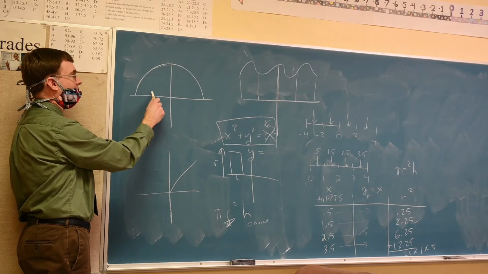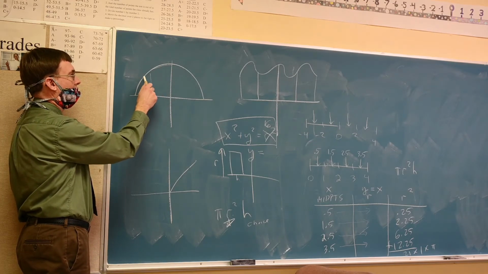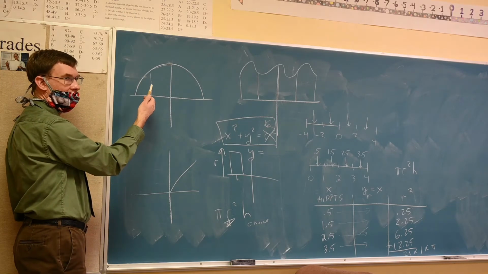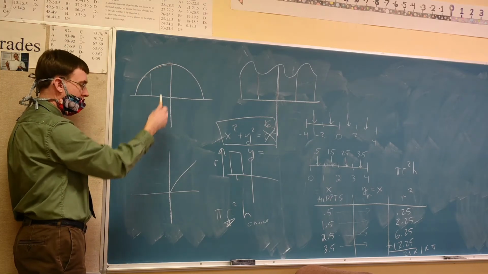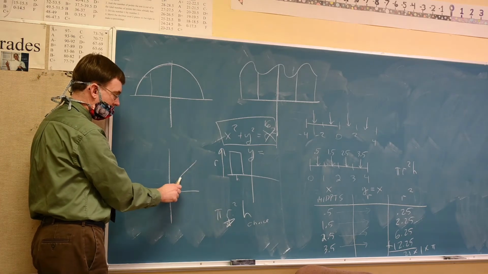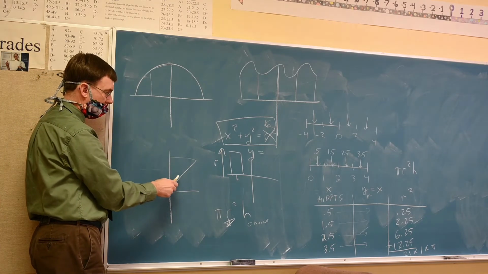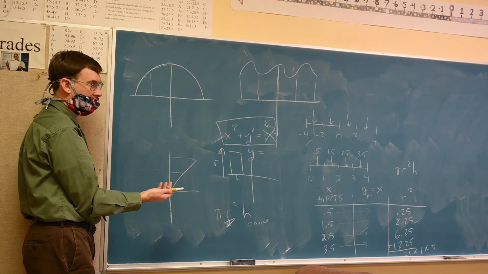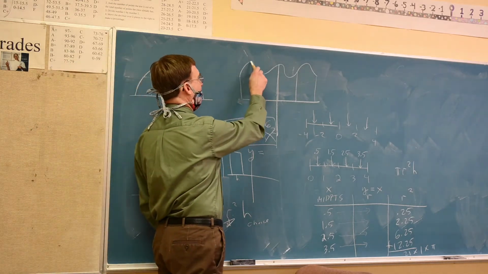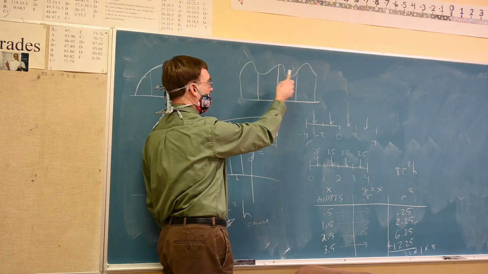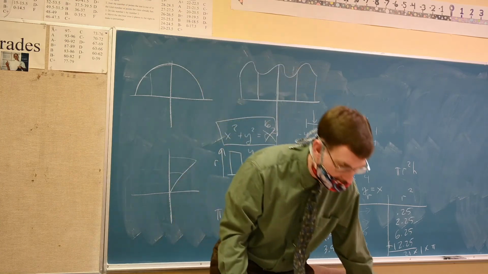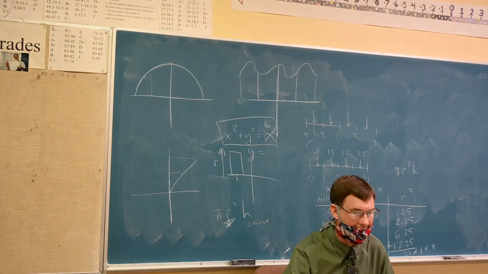If we just track halfway up, whatever that maxed out at, halfway up would be the average value because it took a steady incline. This also has a steady incline. So if I wanted the average value, I would just need to go halfway up. But something like this that doesn't have any steadiness to it, what's the average value of that? No one knows. You can't easily common sense your way into that.